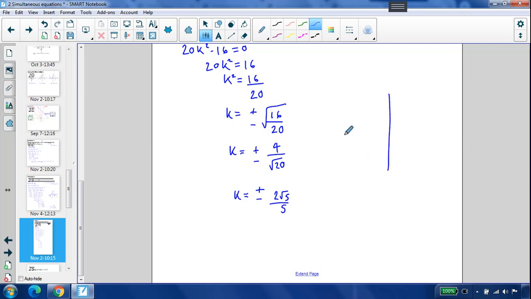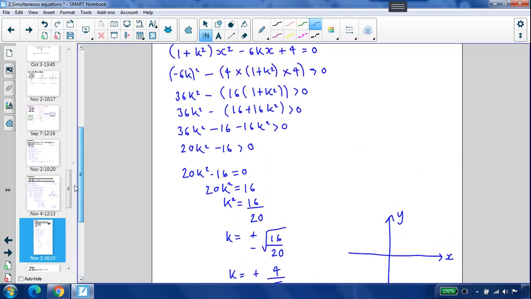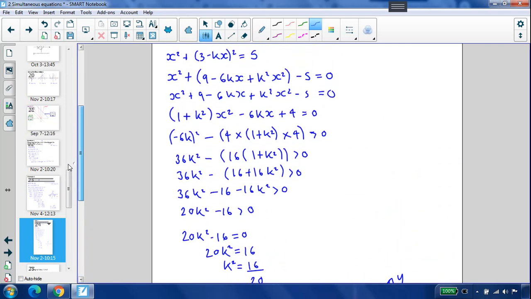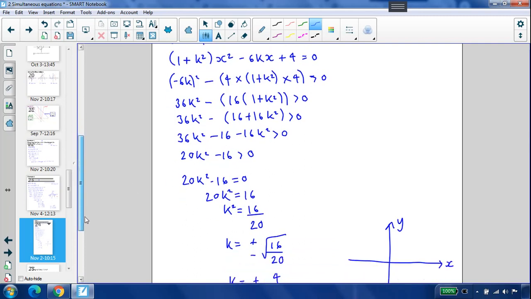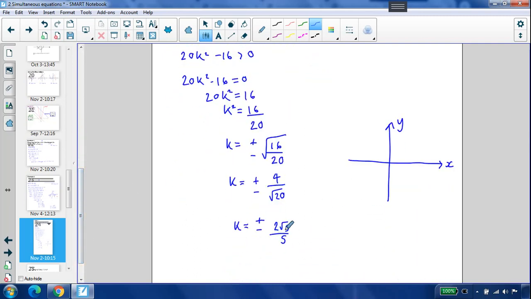So let's look at sketching the quadratic. The quadratic was here, so it's a positive k squared, and I've got these two as the roots, so it's going to be symmetrical again. So this is going to be minus 2 root 5 over 5, and this one is 2 root 5 over 5.